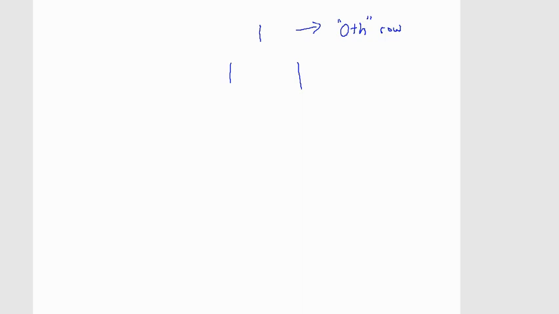Okay, that doesn't really make any sense. What do I mean by 0? That's just kind of my way of referencing it. The 0th row means this is 0 choose 0. So if I have 0 objects, how many ways are there to choose 0 of them? Well, it seems kind of intuitive. I don't have any objects, so I can't choose any to begin with, so there's one way.